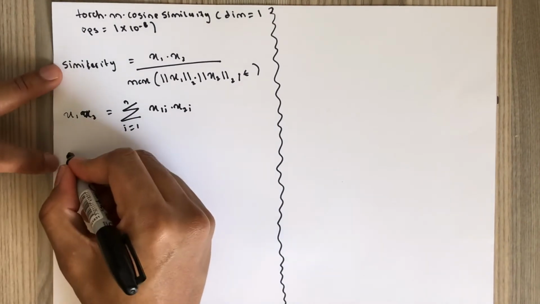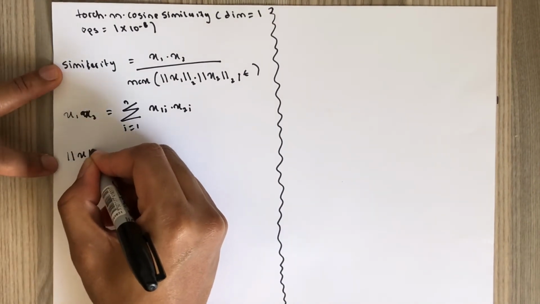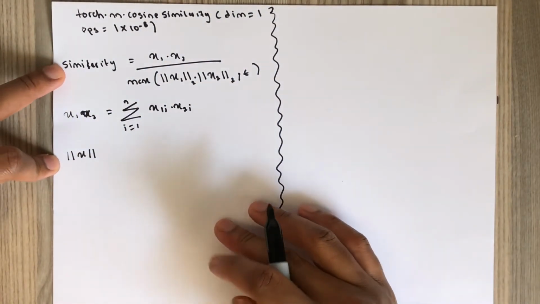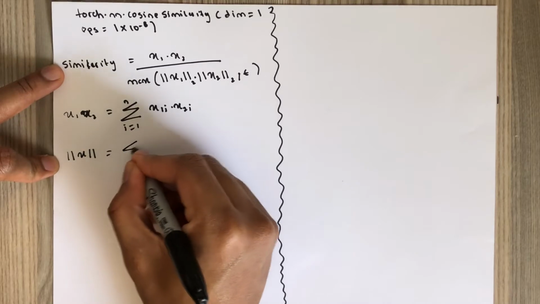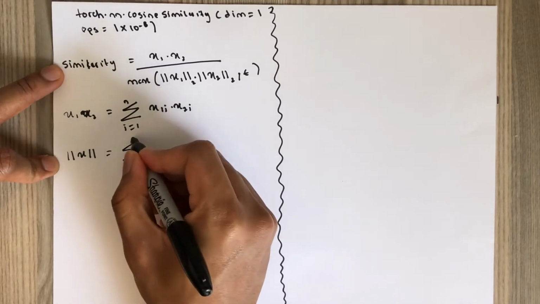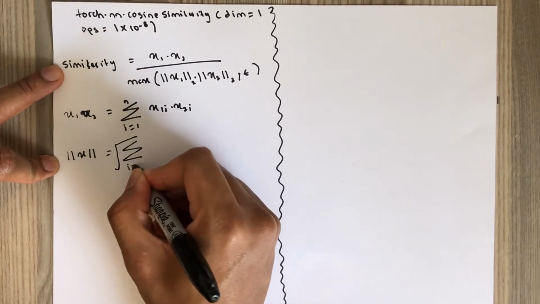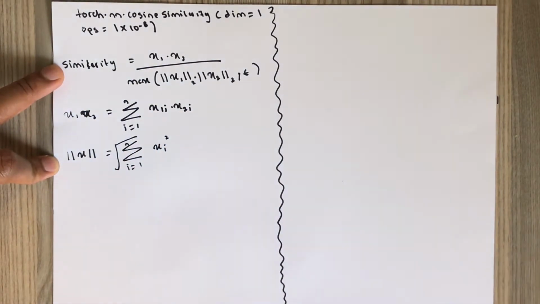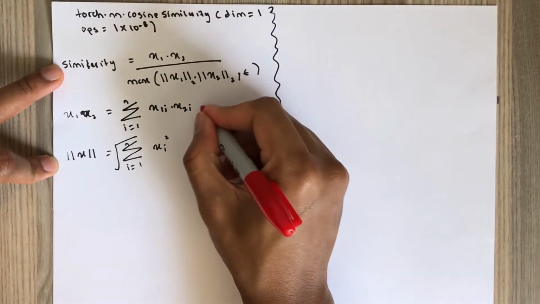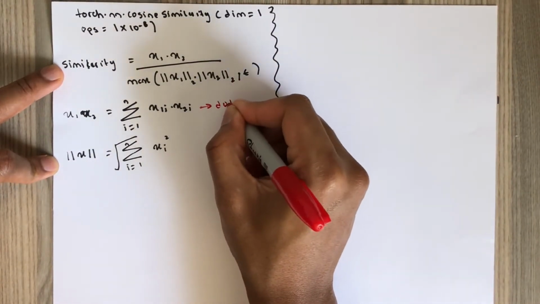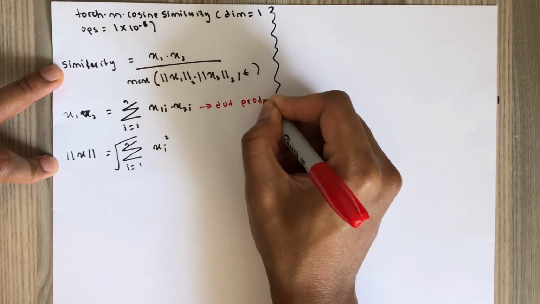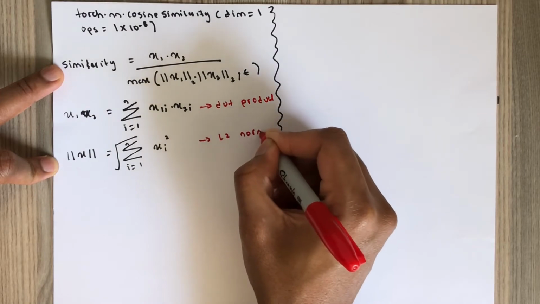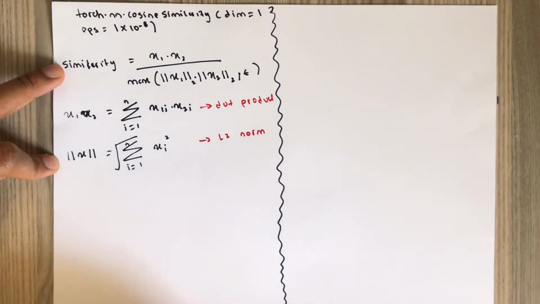And the L2 norm of a tensor or maybe a vector is this: square root of the sum, i from 1 to n, of x_i squared. Alright, so this is the dot product formula, and this is the L2 norm. Alright, we are good, right?